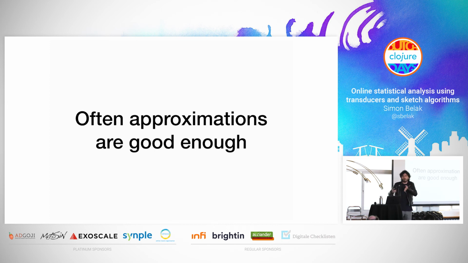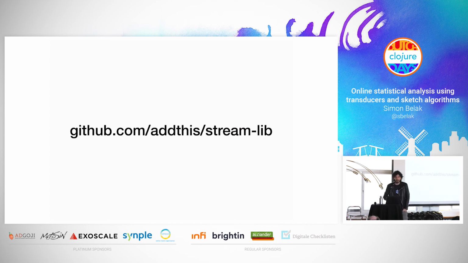If you look at how you're actually using it, oftentimes the errors you get are much less. If you want to play with other streaming sketching algorithms, this is a decent Java library. I've played with some.